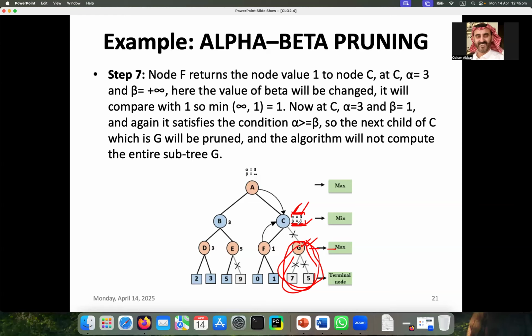Min player can accept a lesser value than 1, but not higher. So due to that reason, there is no need to open up this branch, and that branch is filtered out. Because if you get some higher value for the alpha, this min player will not allow it. That's why this whole branch is pruned away due to this condition.